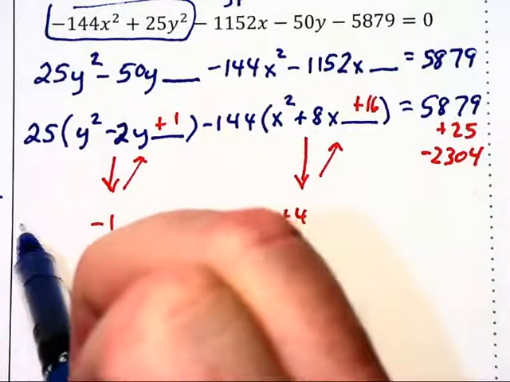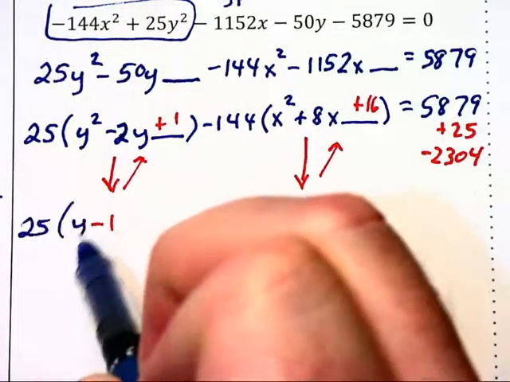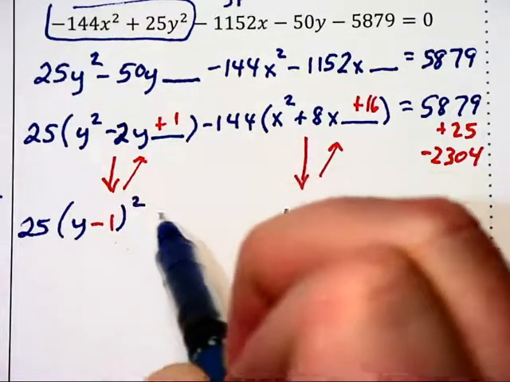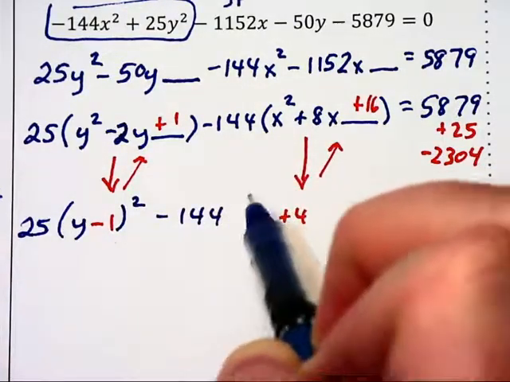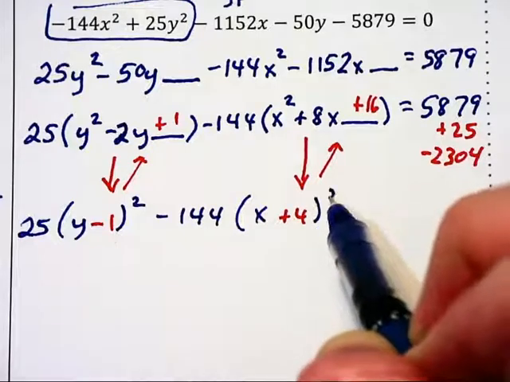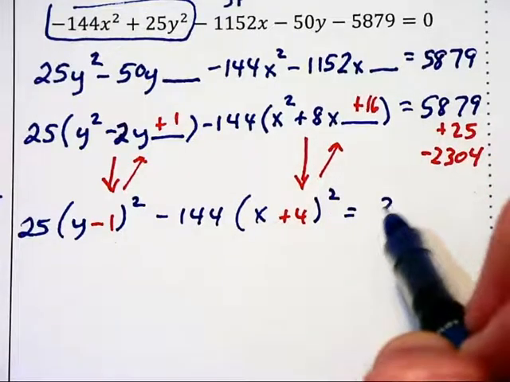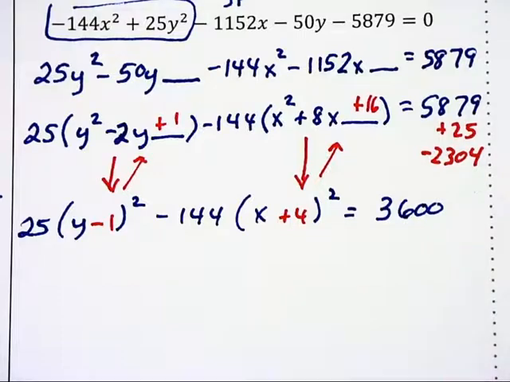This is going to leave us 25 times y minus 1 quantity squared minus 144 times x plus 4 quantity squared equals 3,600.